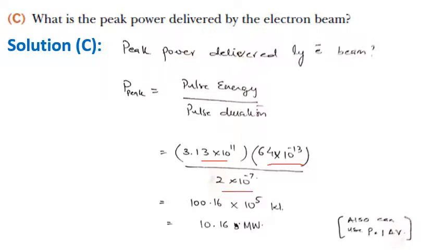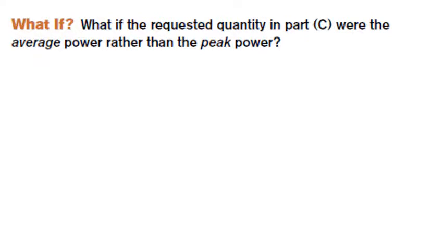By putting in the values, we get the peak power, which is 10.16 megawatts. Another way to find this peak power is simply by using the formula P equals I delta V. Putting in the values for I and delta V given in the data, we can find peak power as well. So both of these formulas are correct.